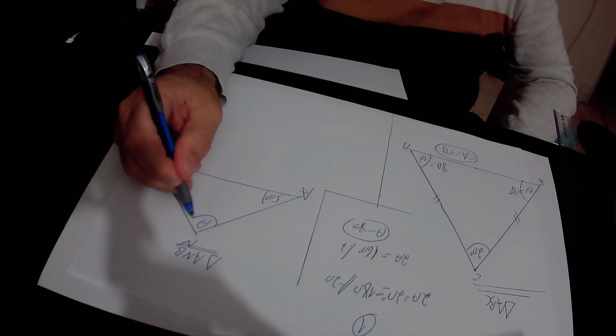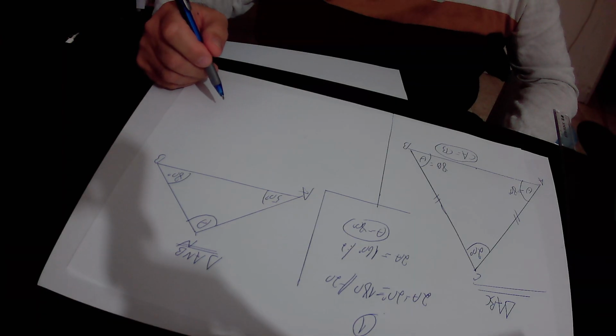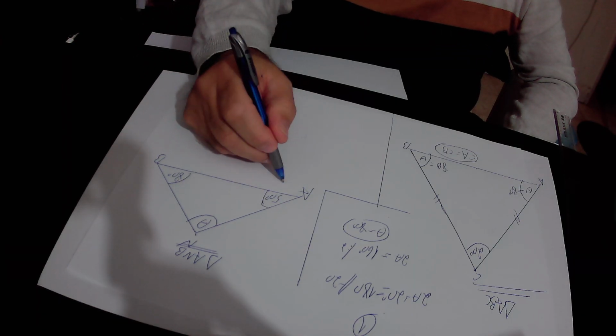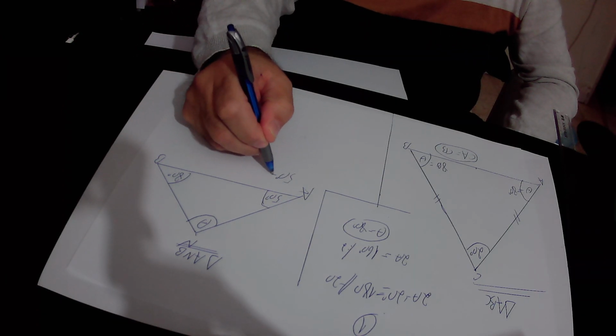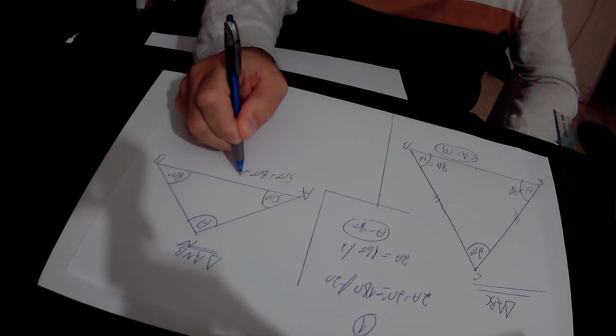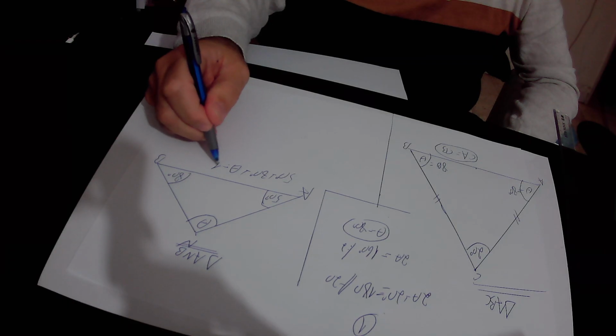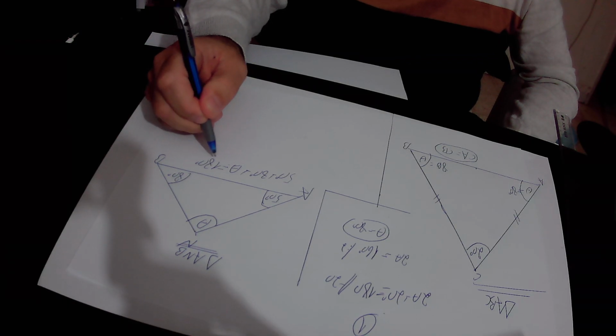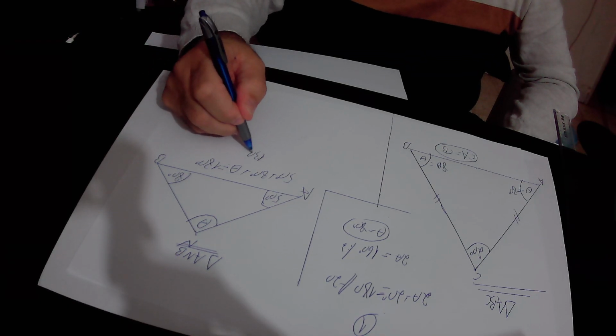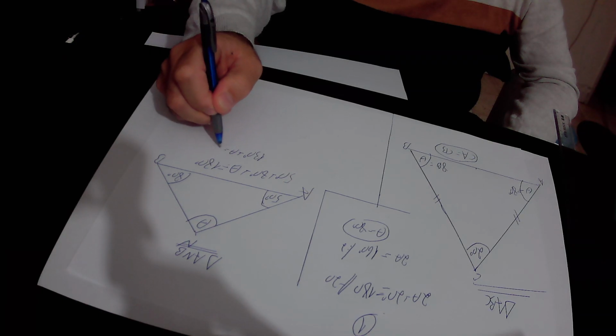In triangle ANB, the sum of the angles must be equal to 180 degrees. So 50 degrees plus 80 degrees plus the missing angle theta. In total, the sum of those three angles must be equal to 180 degrees. 50 plus 80 is 130, so 130 degrees plus theta equals 180 degrees.